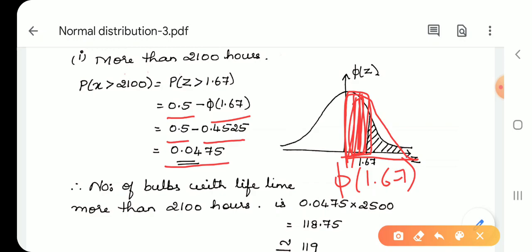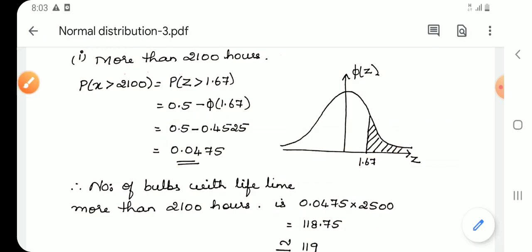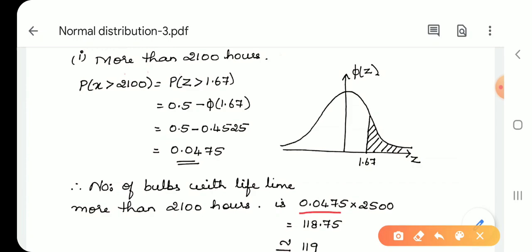But we have to find the value in terms of number of bulbs. It is already given that a firm purchases 2500 bulbs. So to find the number of bulbs, we have to multiply this value 0.0475 into 2500.